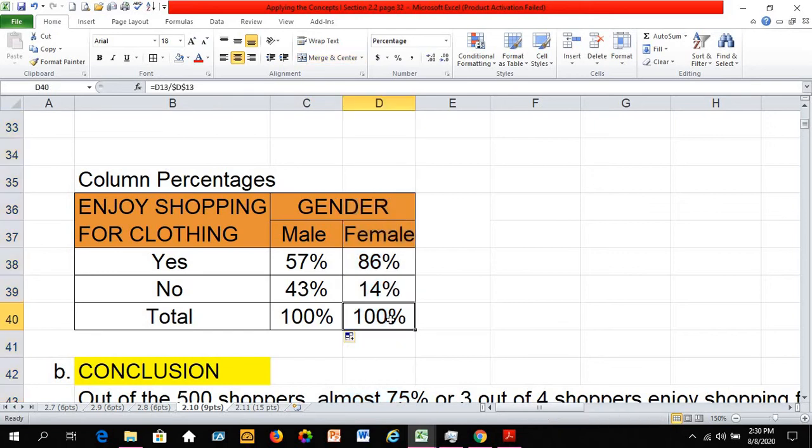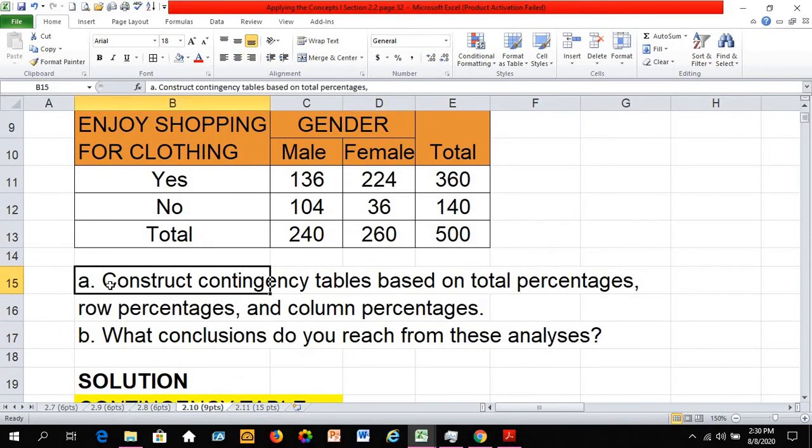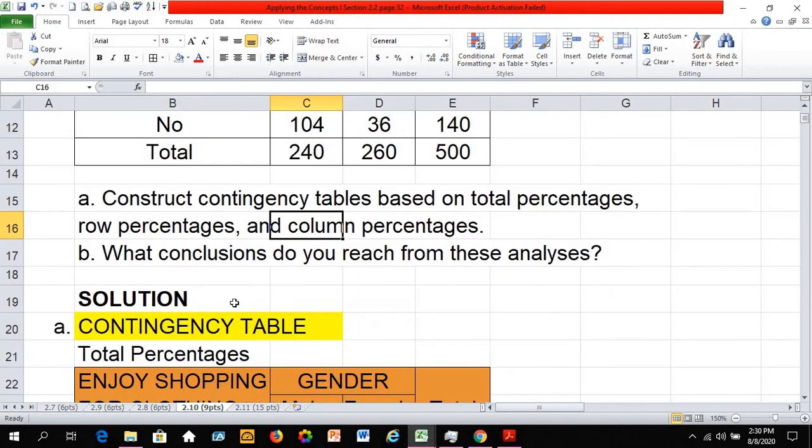For female, out of 100 shoppers, 86 of them enjoy shopping for clothing, and 14% or 14 of them don't enjoy shopping for clothing. So we are done with our first question. We were able to construct contingency tables for total percentages, row percentages, and column percentages.